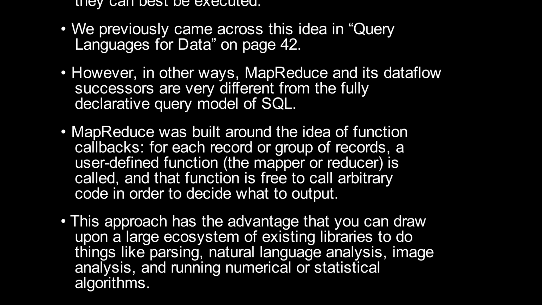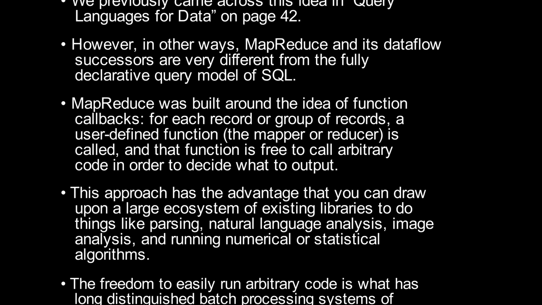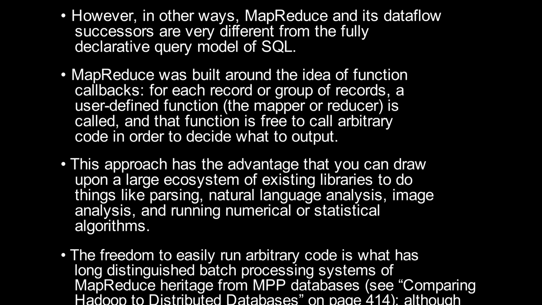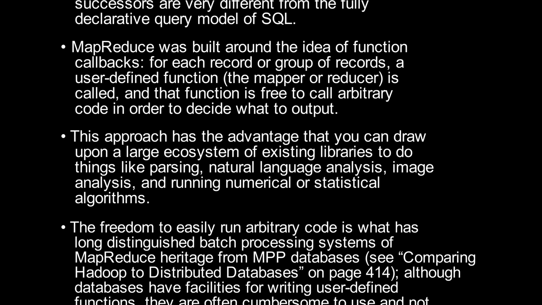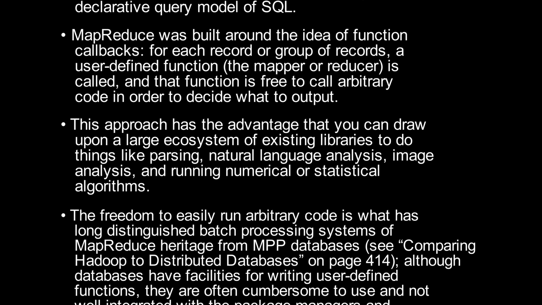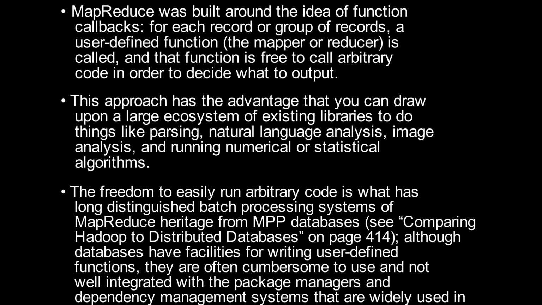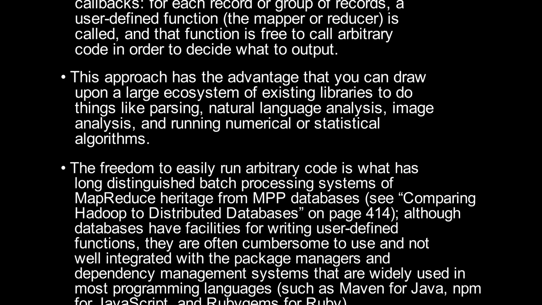This approach has the advantage that you can draw upon a large ecosystem of existing libraries to do things like parsing, natural language analysis, image analysis, and running numerical or statistical algorithms. The freedom to easily run arbitrary code is what has long distinguished batch processing systems of MapReduce heritage from MPP databases. See "Comparing Hadoop to Distributed Databases" on page 414.